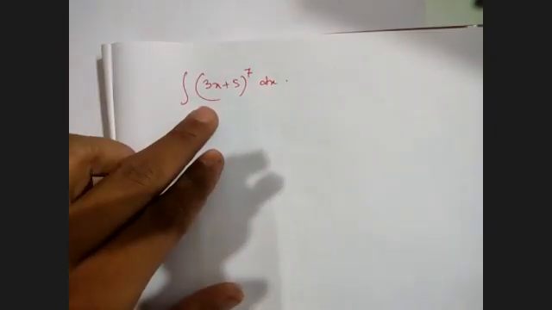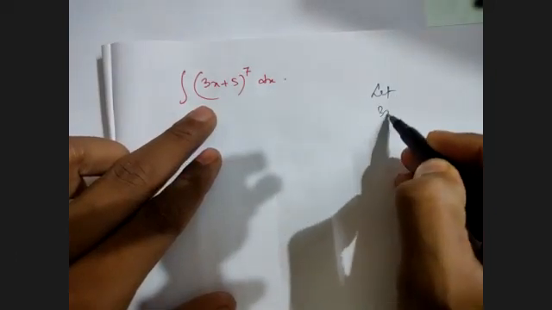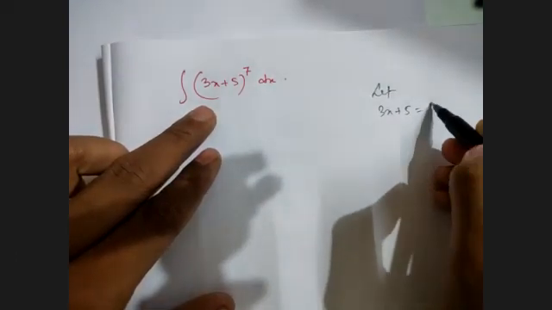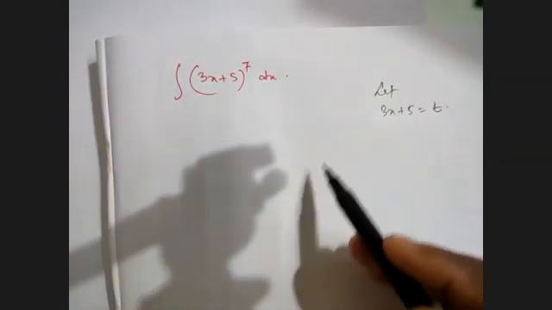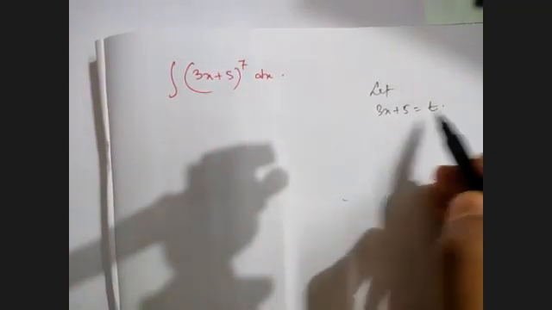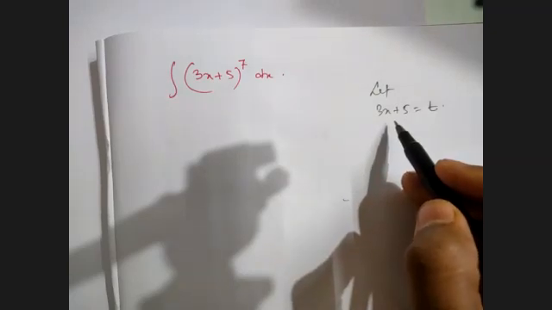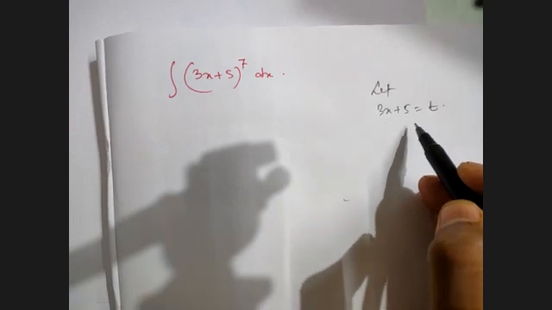So that's why I let 3x plus 5 as t, and then take the differential of both sides. What we will get? Differential, how to take? We just have to differentiate both sides, and whichever variable we are differentiating with respect to, that variable you have to write.